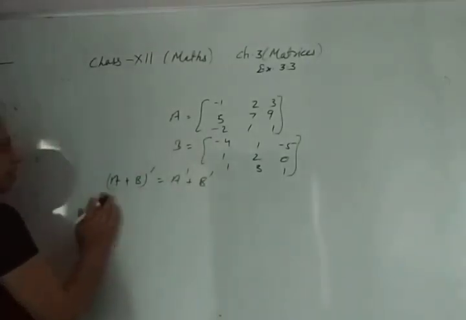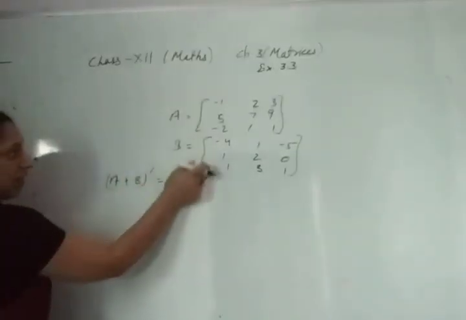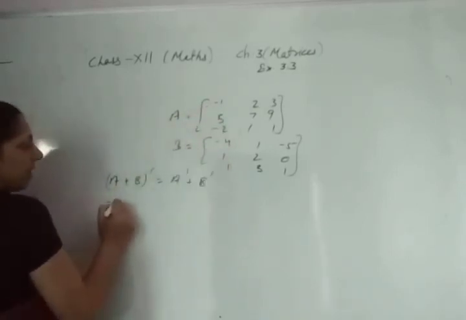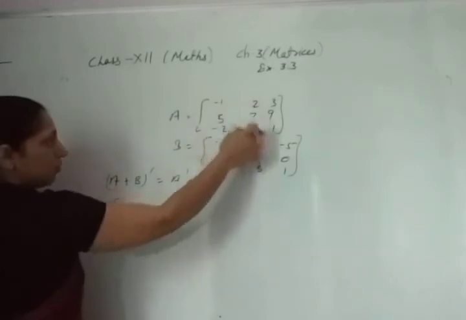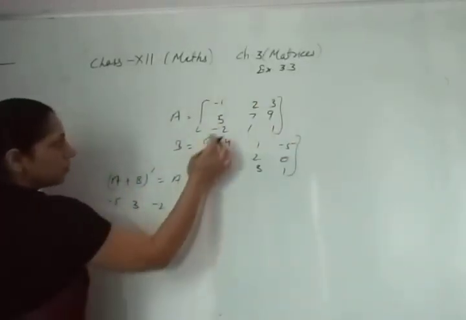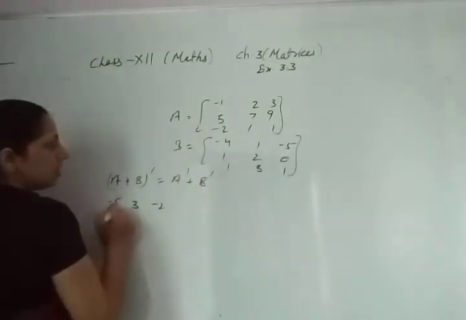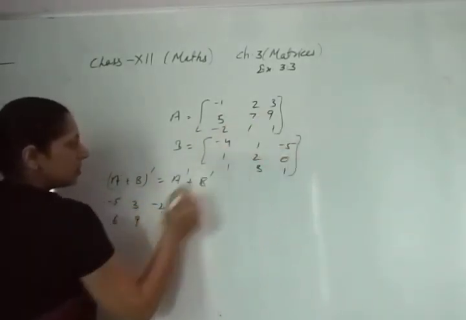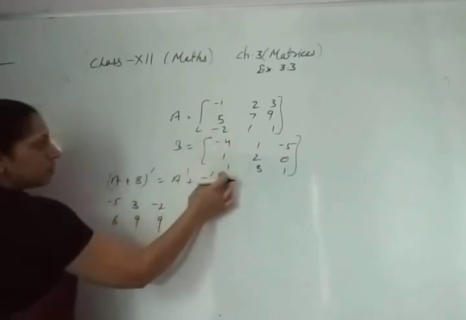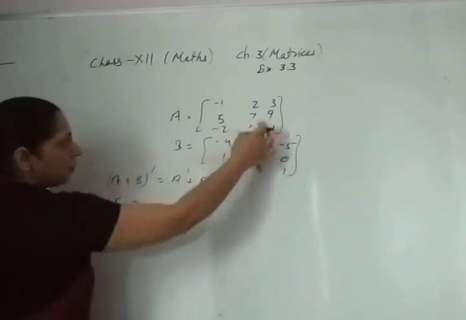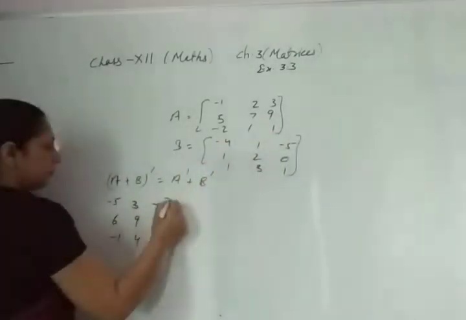So first the left hand side, A plus B. First we have to add the two matrices. It means -1, -4, -5. 2 plus 1, 3. 3 minus 5, -2. 5 plus 1, 6. 7 plus 2, 9. 9 plus 0, 9. -2 plus 1, -1. 1 plus 3, 4. 1 plus 1, 2.